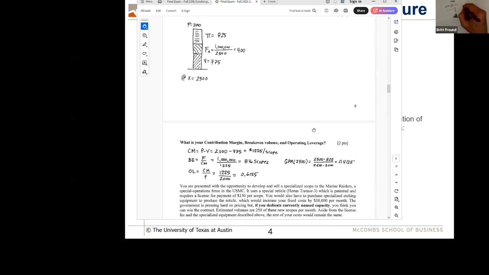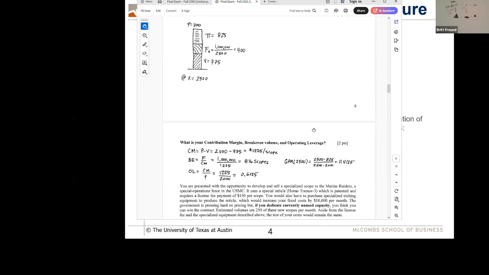Your fixed cost were those $1 million that you have to pay. And your EBIT is whatever the difference is between your contribution margin pile minus your fixed cost equals your EBIT right there. So in our particular case, if we ran at 2,500 units, the total contribution margin pile would be 2,500. Let's just do it.